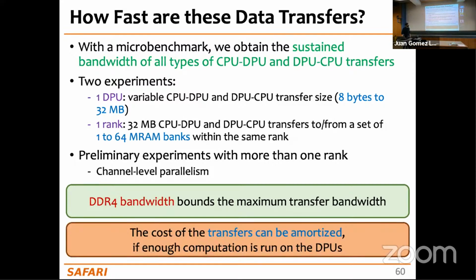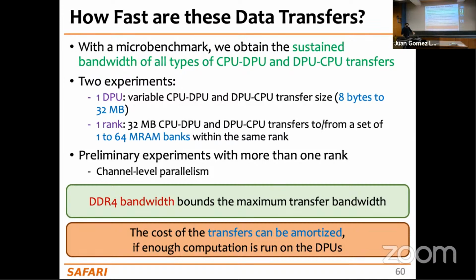Something that I mentioned before is that we expect that this operation suffers the data movement bottleneck. Why is that? Because we are using the memory bus. So the maximum that we can achieve here is the maximum bandwidth that you can achieve in a system with DDR4 memory.